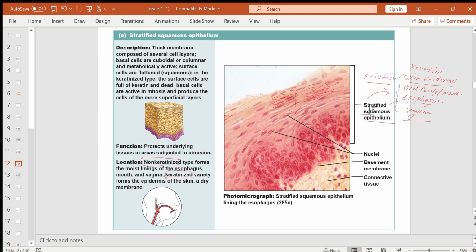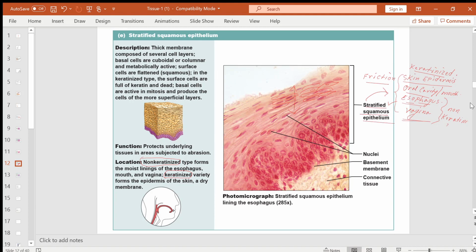Okay, a special protein keratin is present. Moist surface, oral cavity or mouth, esophagus and vagina. So these are moist areas, so you have non-keratinized. Okay, non-keratinized.